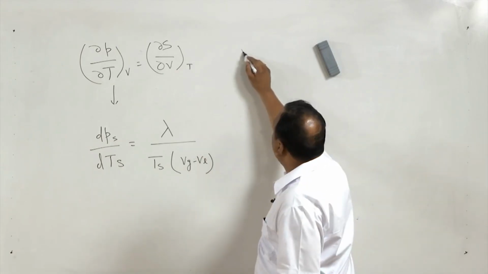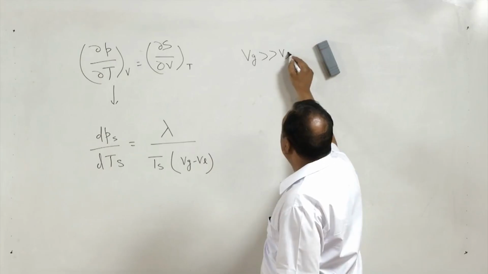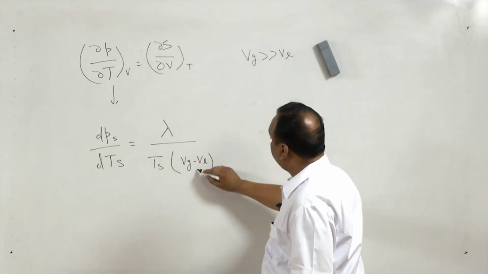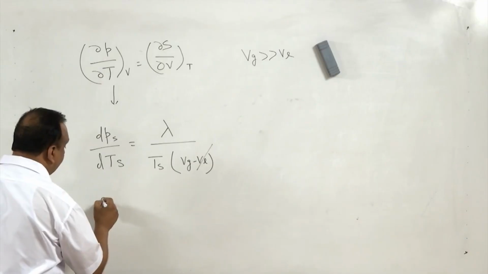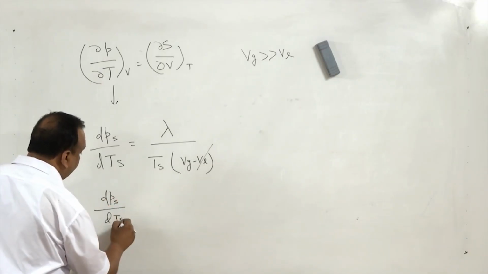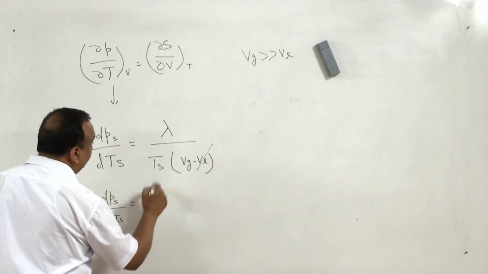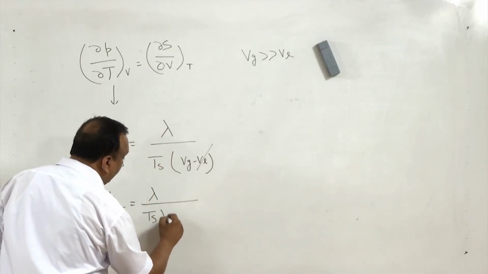Now, specific volume of vapor is much larger than the specific volume of the liquid. So, this term can be neglected, and the modified form of this Clapeyron equation is dPs by dTs is equal to lambda, the latent heat, divided by Ts and Vg.